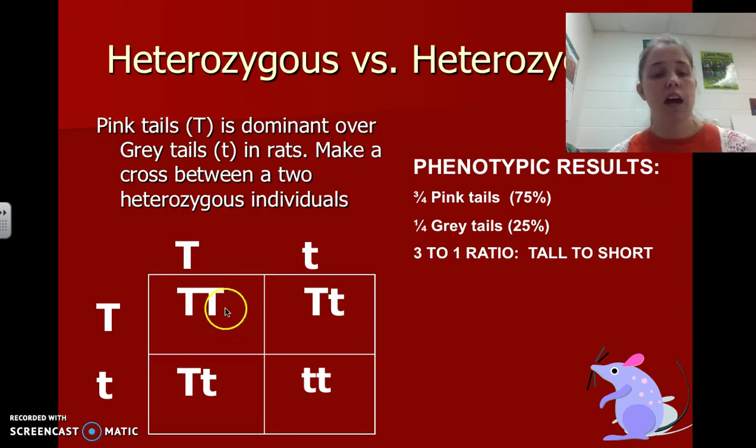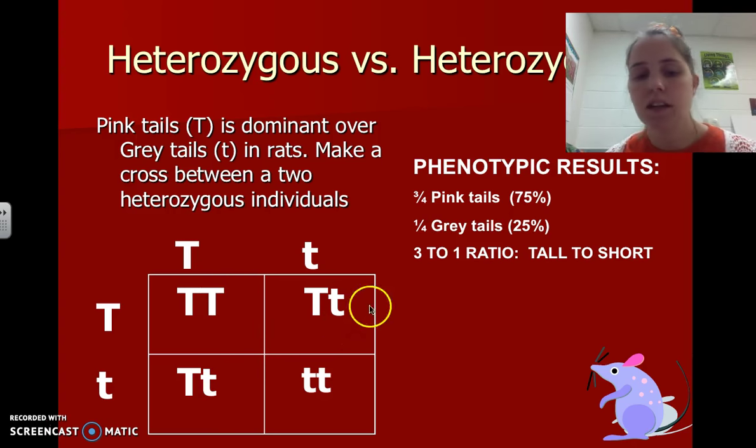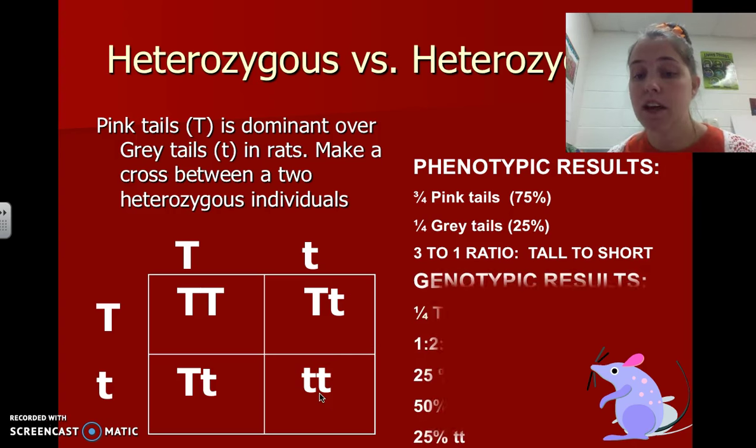Now the genotypes: I have 1 big T big T, I have 2 big T little t's, and 1 little t little t. So 1 out of 4 is big T big T, remember 1 out of 4 is 25%. 2 out of 4 is big T little t, remember that's 50%. And little t little t, 1 out of 4 is 25%.